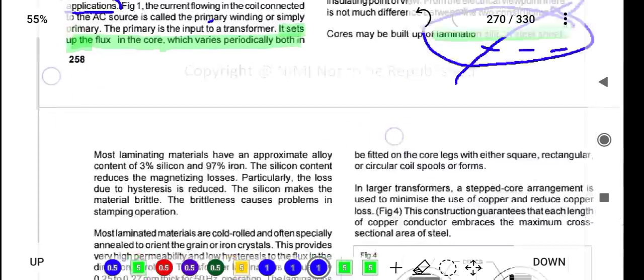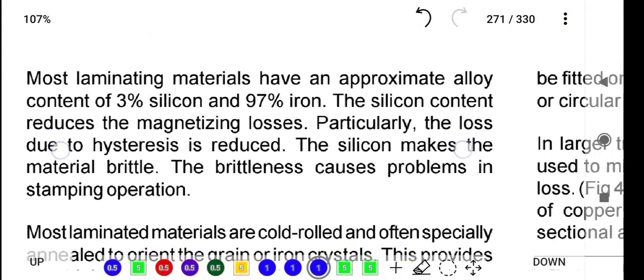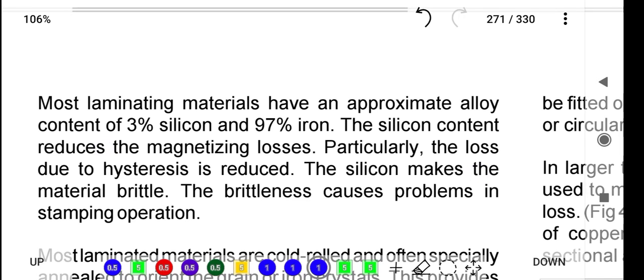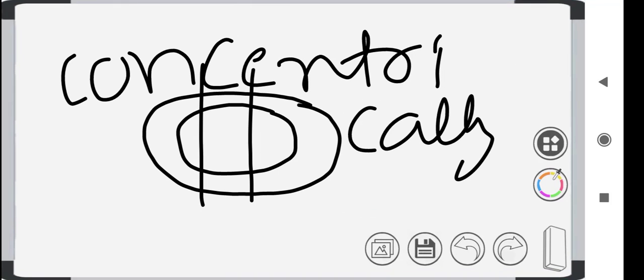Next we go to the next point. This is also a very important point. Most laminating materials have an approximate alloy content of 3% silicon and 97% iron. See here, the stamping is an alloy.